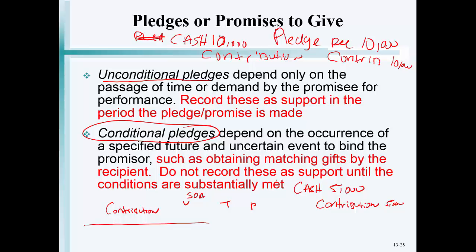Somebody could give me a conditional promise to give. And if they give me a conditional promise to give, then the condition has to be met in order for me to take that as a contribution on my statement of activities. So, let's say a person says, I'll give you $10,000 after you have found a home for 10 dogs.